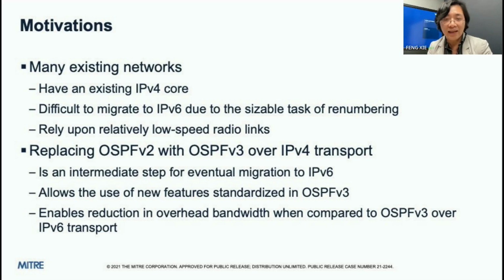It could just be the mechanics of having to renumber a very large network, or it could be that the links are very slow and we couldn't support IPv6. For those networks, if you wanted to take advantage of the new features, which are mostly added only to OSPF v3, then this approach of using OSPF v3 but still running on IPv4 will give you that.